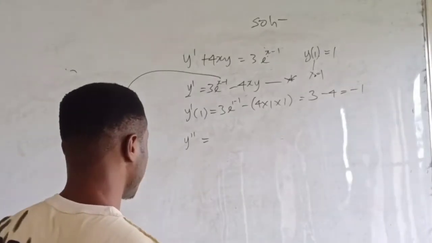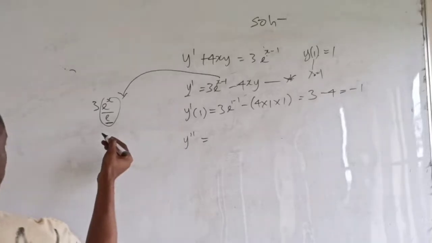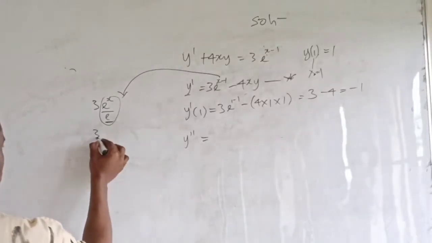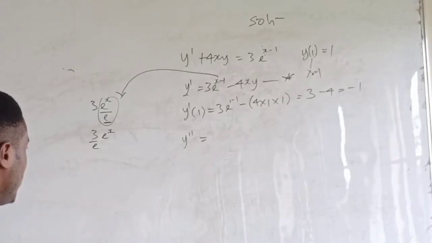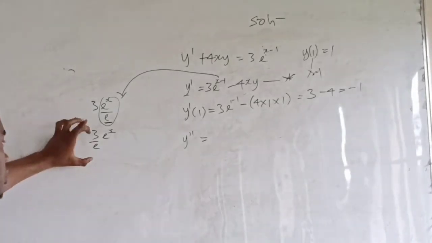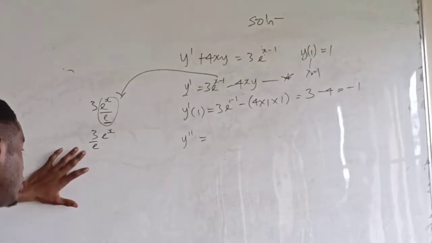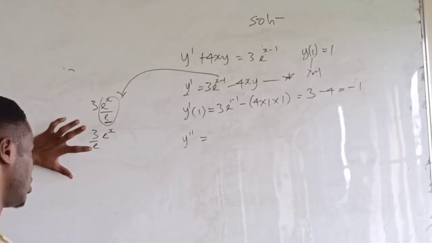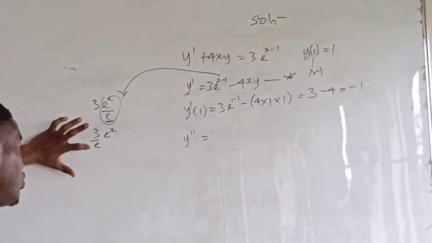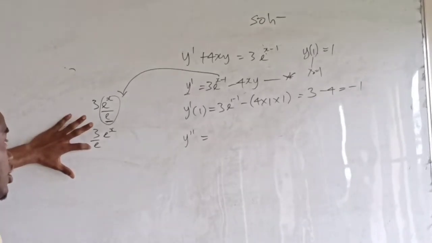From there, we know this means 3 over e, exponential of x. If you check your calculator, e has a value, and if you divide 3 by the value of e, you get a number. That number is a constant.